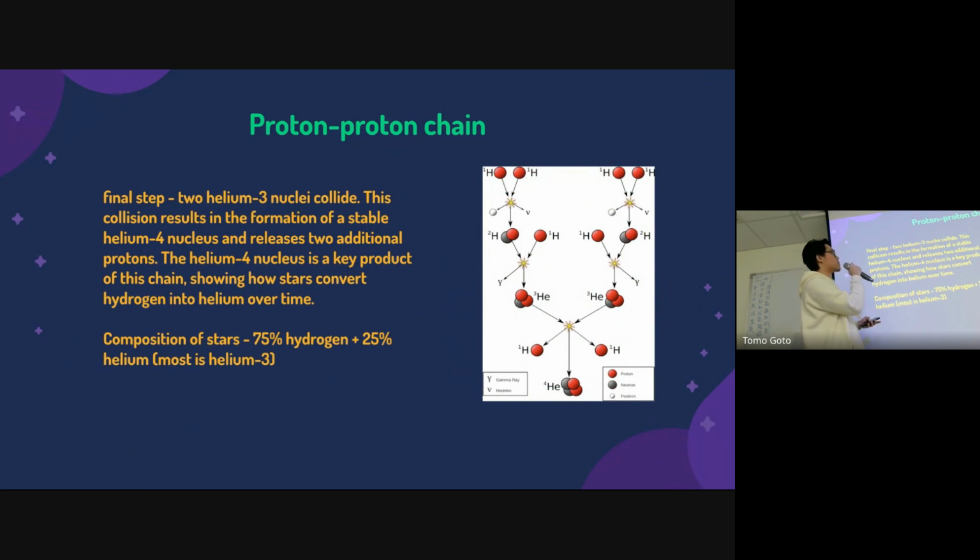The helium-4 nucleus is a key product of this chain, showing how stars convert hydrogen into helium-4 over time. The composition of stars is about 75% hydrogen and 25% helium, and most of it is helium-3. This is the key step because it emits 2 hydrogen atoms and starts another chain reaction.